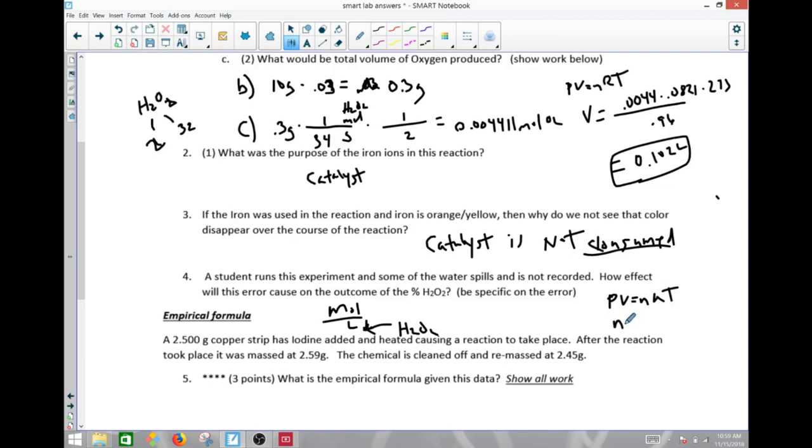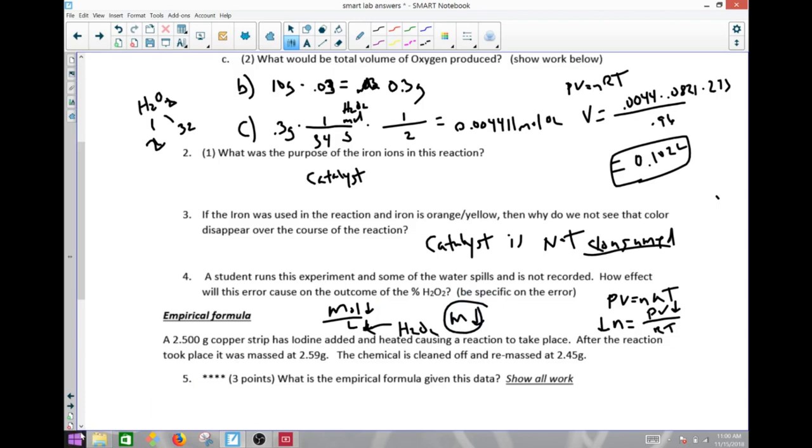So the moles is equal to PV over RT. If the error is that this volume is too small, that's going to drive the moles down. If the moles goes down, then of course the molarity goes down, and that's my answer.